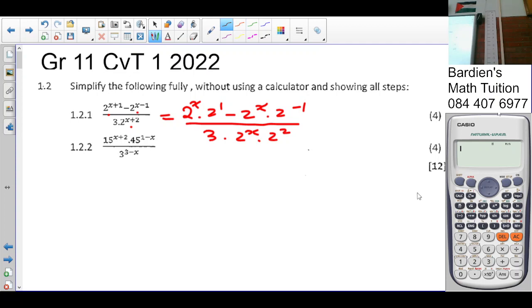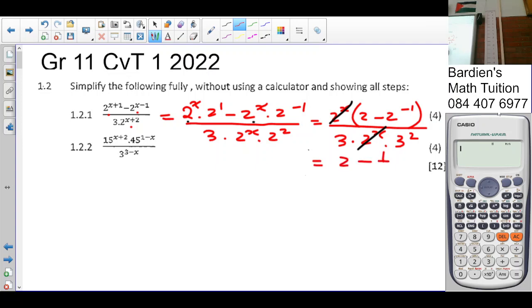We factorize. So it's going to be 2 to the x into 2 minus 2 to the negative 1, over 3 times 2 to the x times 3 squared. 2 to the x cancels 2 to the x. So it's going to be 2 minus half over 3.